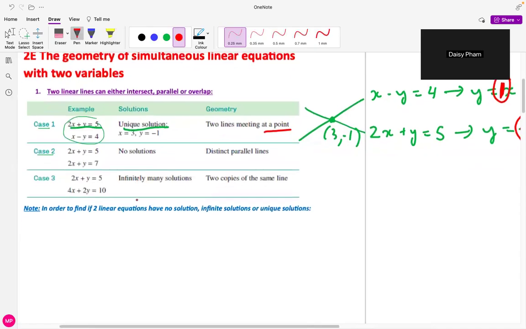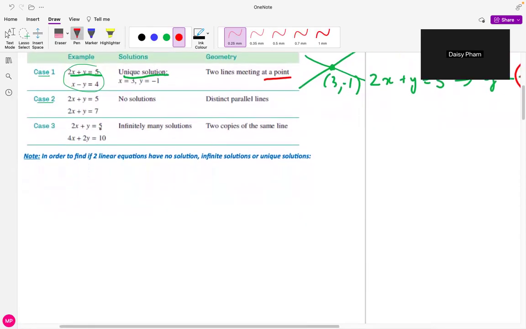Now, if we continue analyzing the second case, we're going to see what happens when the lines are parallel. Doing the same thing, case number 2 has the equations 2x plus y equals 5 and 2x plus y equals 7. If I rearrange for y, I move the 2x over and end up with y equals -2x plus 5. I do the same here and get y equals -2x plus 7.